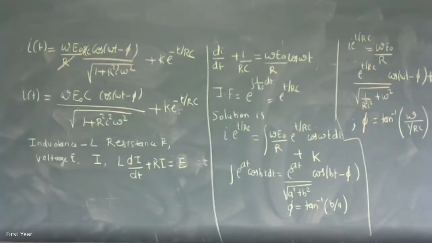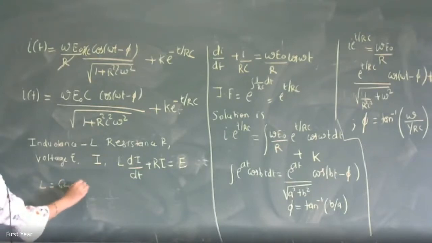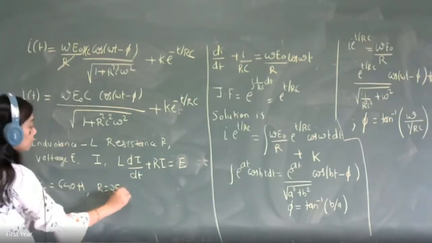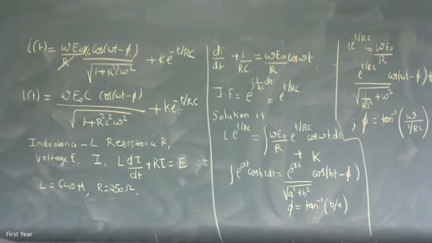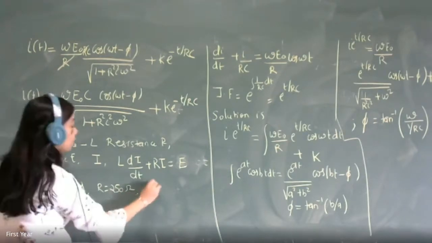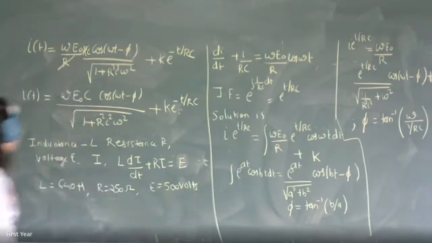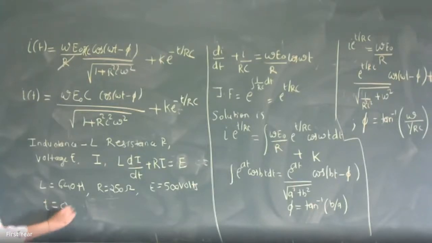Given L is equal to 640 Henry, R is equal to 250 ohms, and E is equal to 500 volts. I being 0 at t is equal to 0.